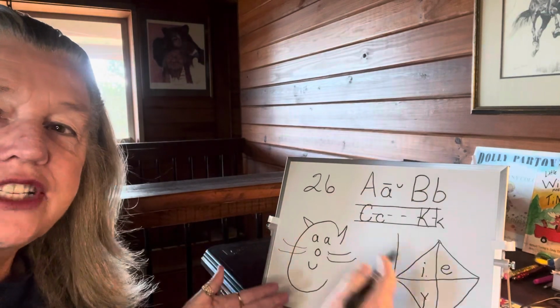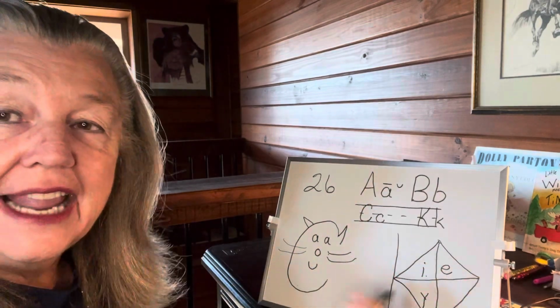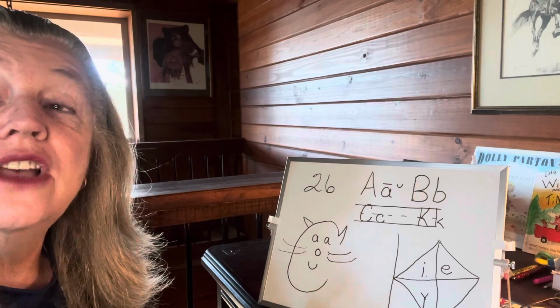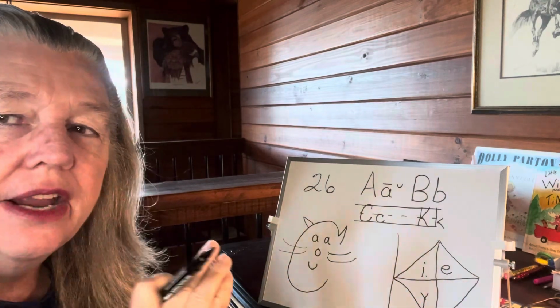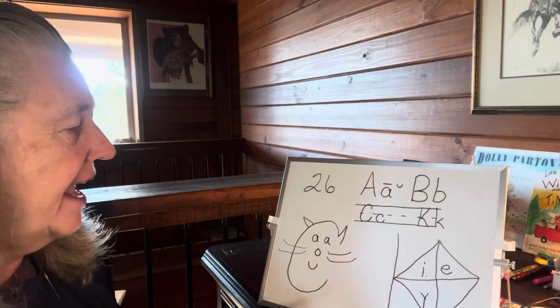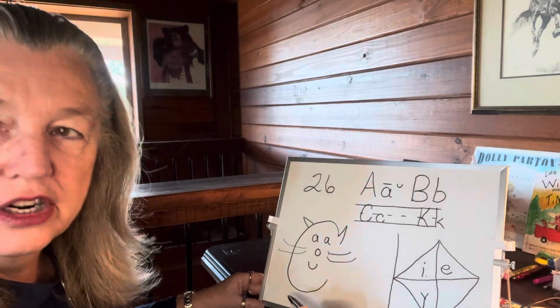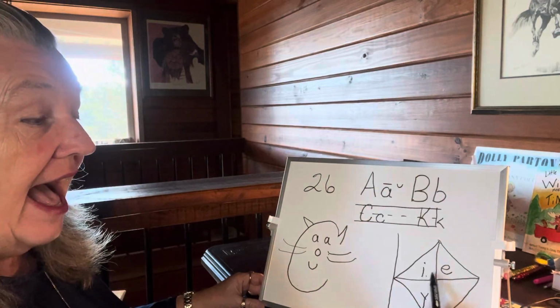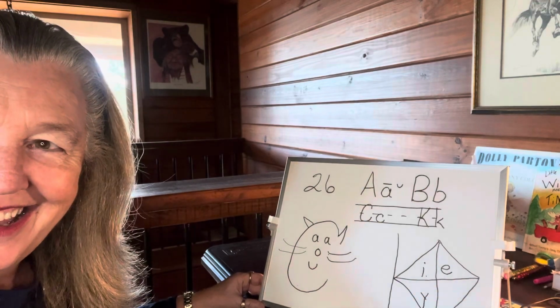So how do you tell the difference in using a C or a K? It depends on what vowel comes next. What you hear with what vowel comes next. You got A, O, U with a hard C, and I, E, and Y with a K.